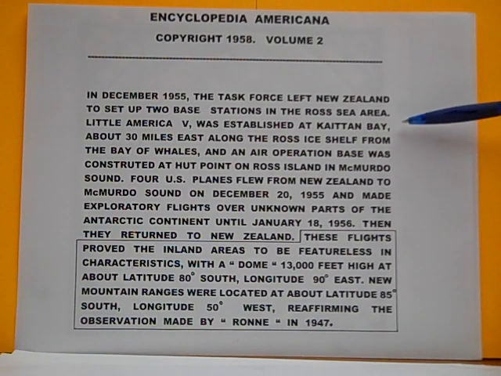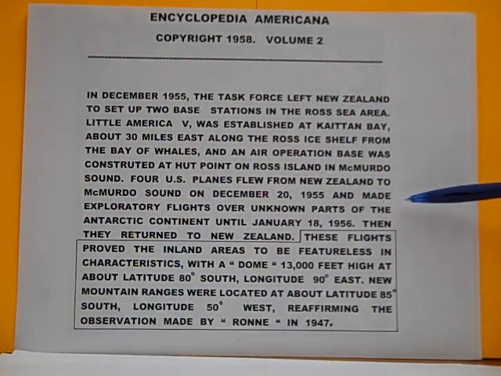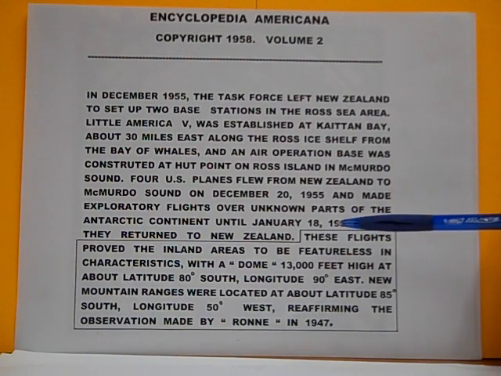Little America 5 was established at Kainan Base, about 30 miles east, along the Ross Ice Shelf from the Bay of Whales, and an air operation base was constructed at Hut Point on Ross Island in McMurdo Sound. 4 U.S. planes flew from New Zealand to McMurdo Sound on December 20th, 1955, and made exploratory flights over unknown parts of the Antarctic continent until January 18th, 1956. Then they returned to New Zealand.